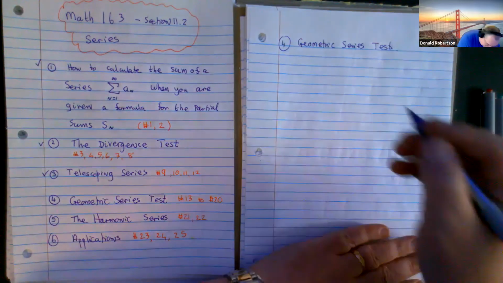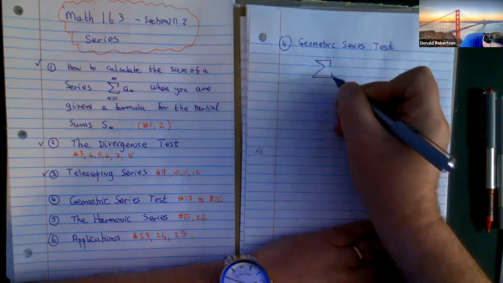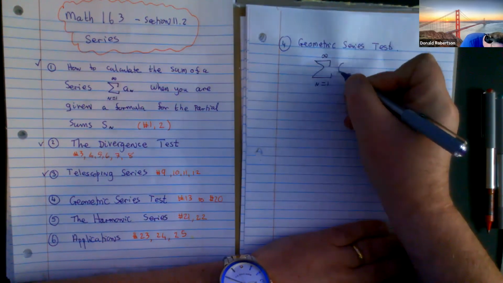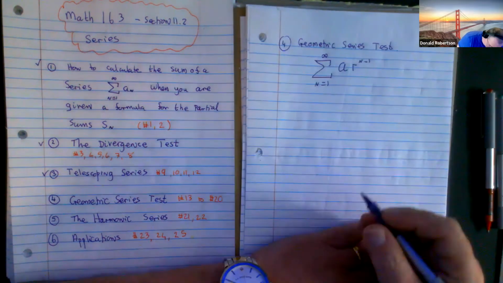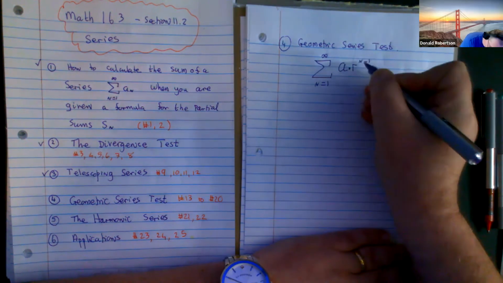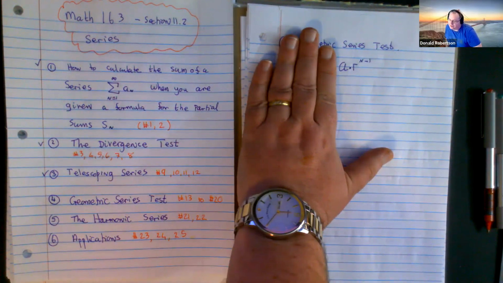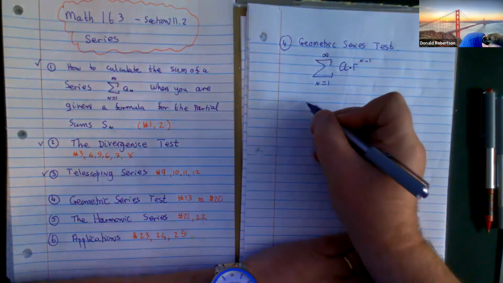So, what does a geometric series look like? They have a particular shape. This is essentially what they look like: A r to the n minus 1. Now, that is a number times this guy to the n minus 1. Remember the a r to the n minus 1 thing that we did in sequences, right? That's what they look like. Now, they have lots and lots of different flavors.